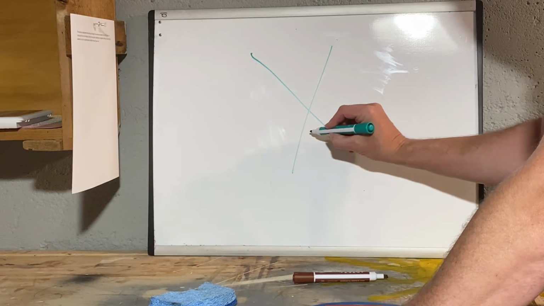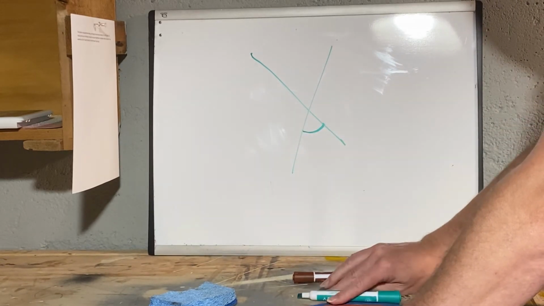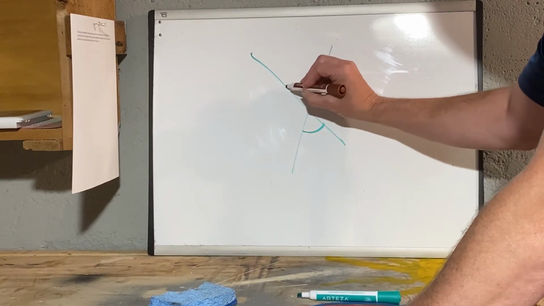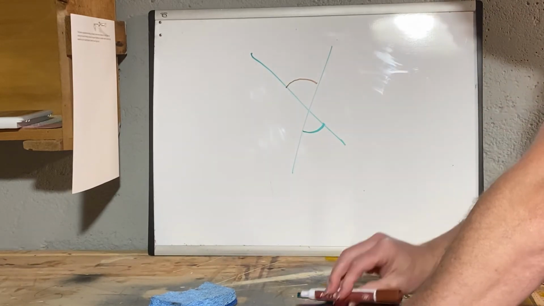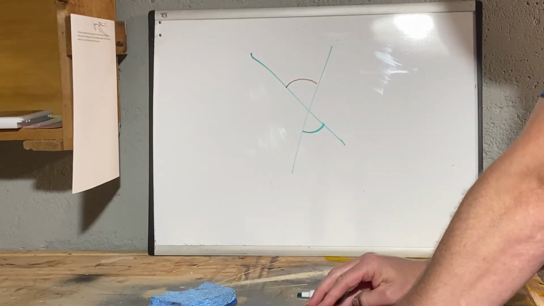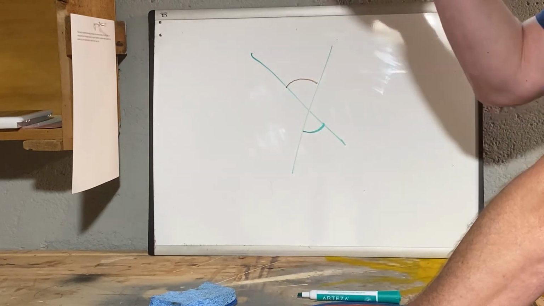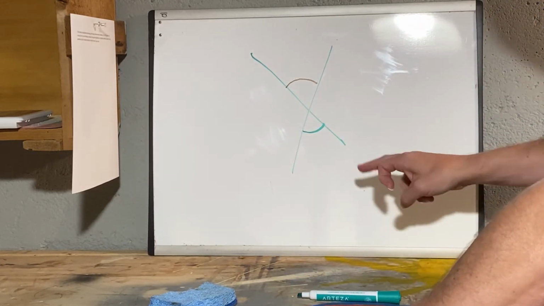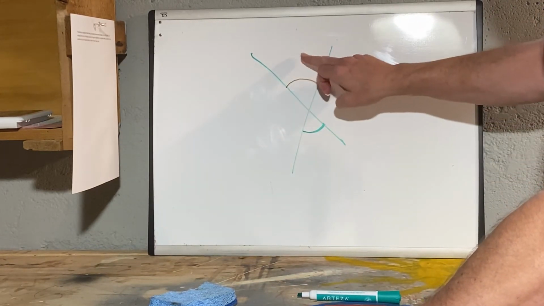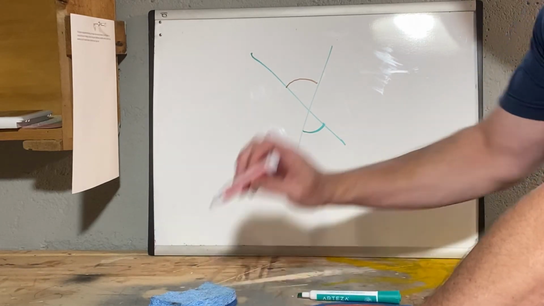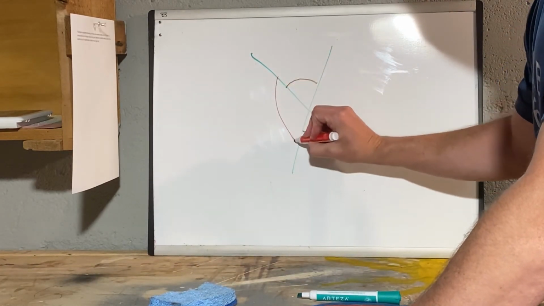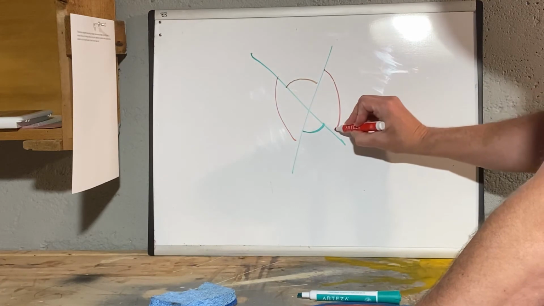We would say that this angle here is vertical to this angle here. Now we usually use the word vertical to mean straight up and down. That's not what it means in this case, although you can see that this angle is above this angle. We also say that this angle here is vertical to this angle here.